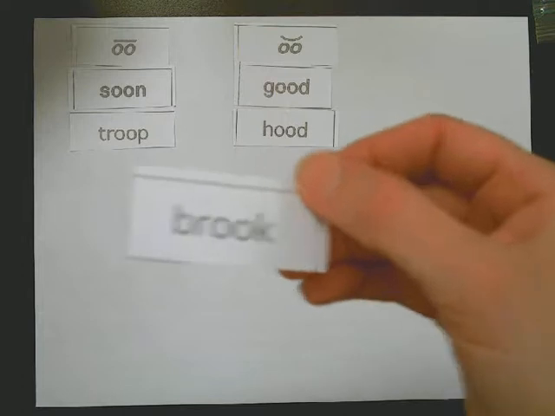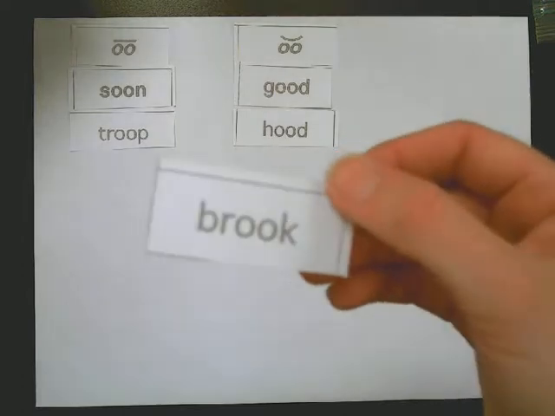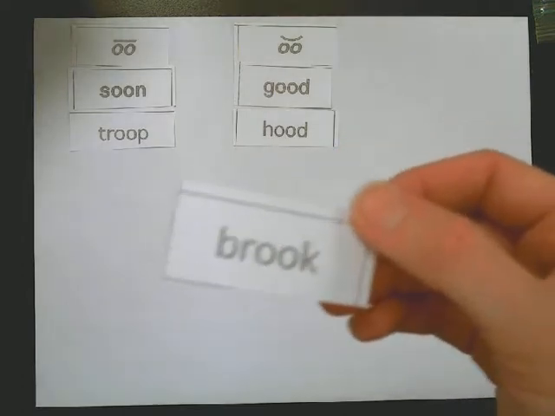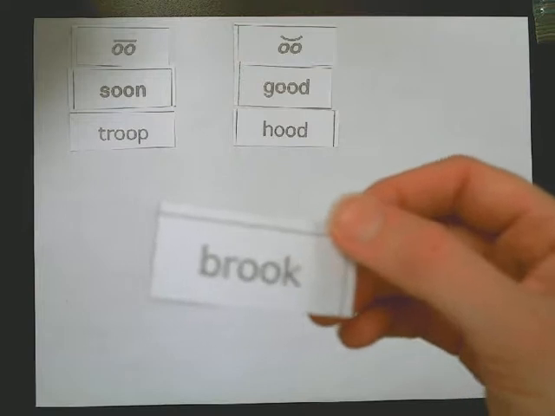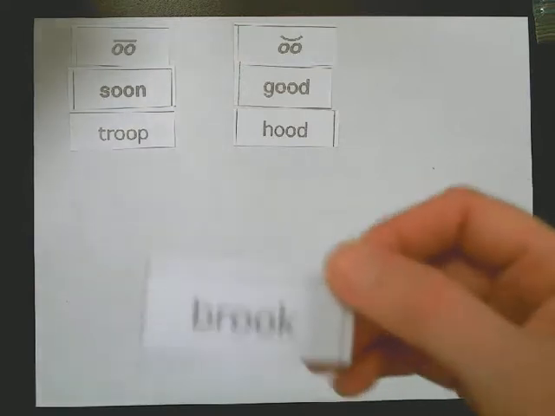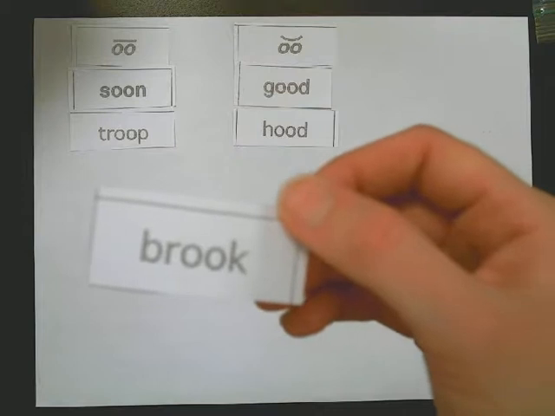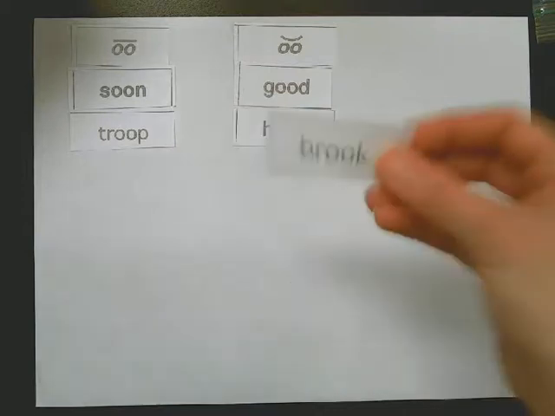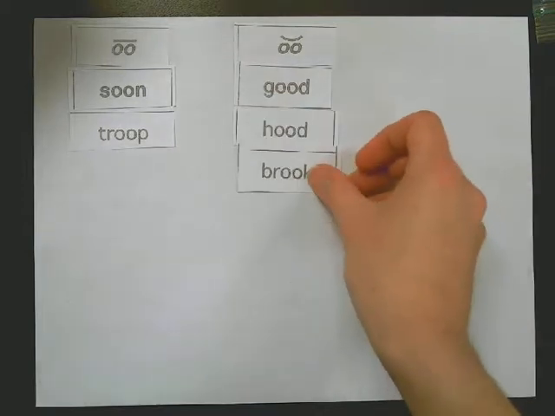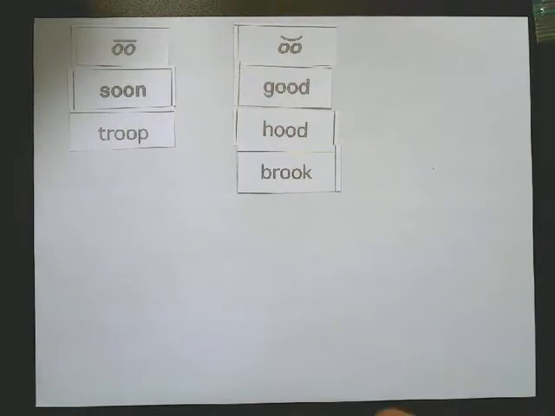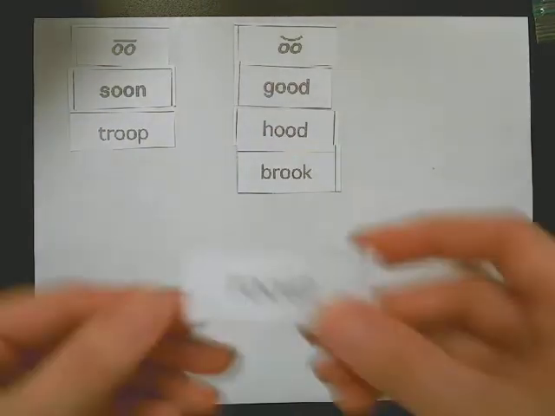Here's the word brook. This is a brook like a stream that you might see in the woods somewhere. A brook is a small stream. And if we listen for the O sound in this word, we hear the sound like in good and hood, ook. We're going to put it there.